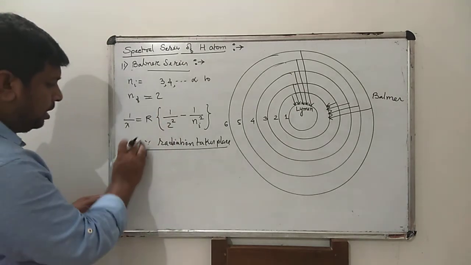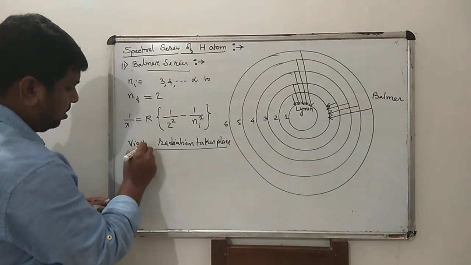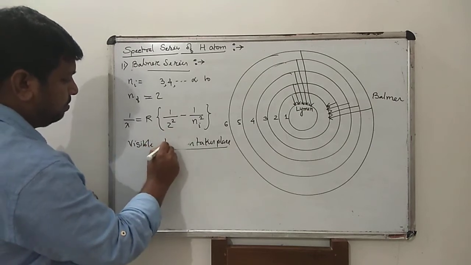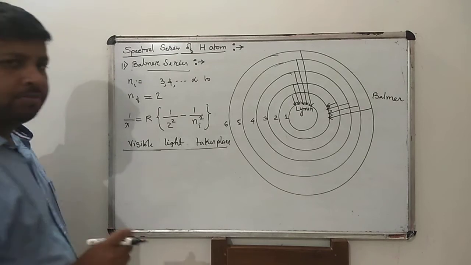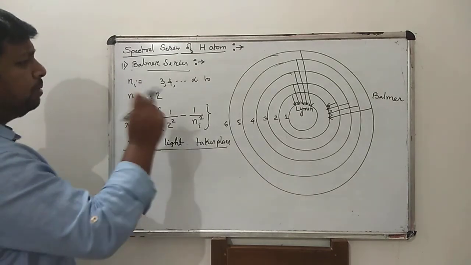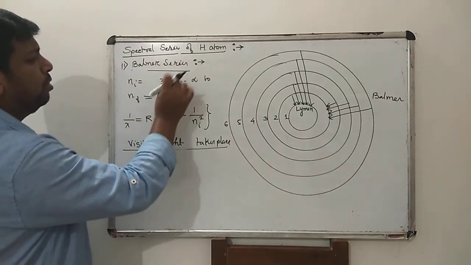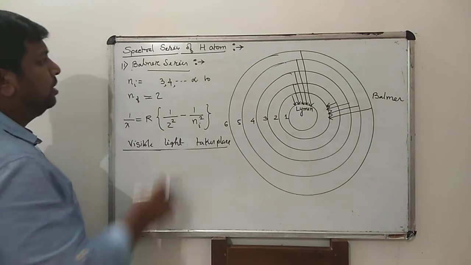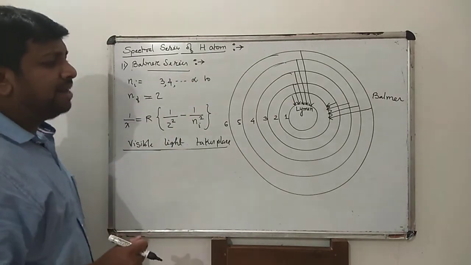Others are the same, and here we get visible light. Visible light takes place in the Balmer series. Okay, so what is the Balmer series? The transitions from higher energy levels 3, 4, 5 up to infinity to Nf equal to 2 are known as the Balmer series.